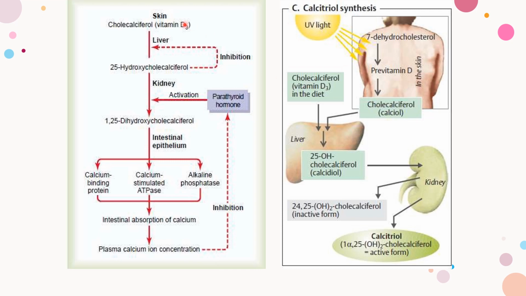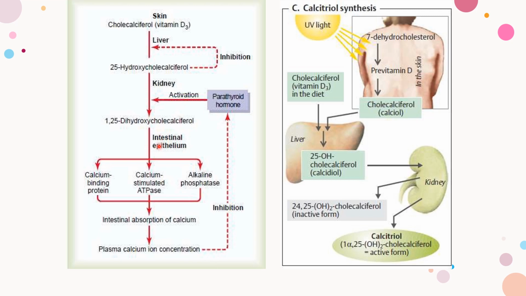In this picture, the cholecalciferol from the skin enters the liver, is converted by 25 hydroxylation, and in kidney 24 and also 1. The parathyroid hormone helps in the activation of the inactive form to the active form.